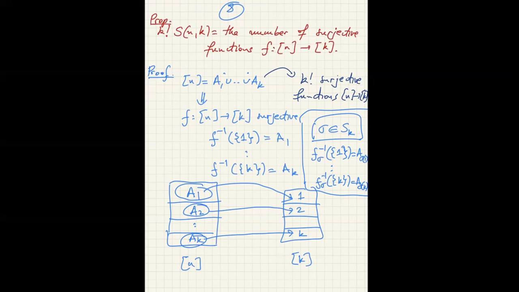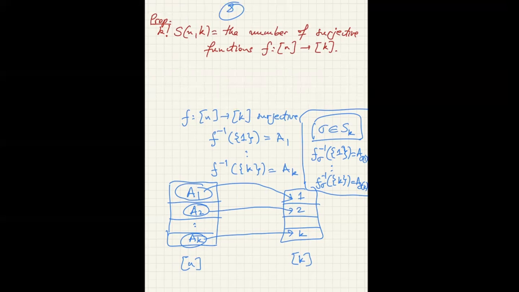Now, this is nice, and I'll write here the formula that we obtained when we used the principle of inclusion and exclusion, where we calculated the number of surjective functions.